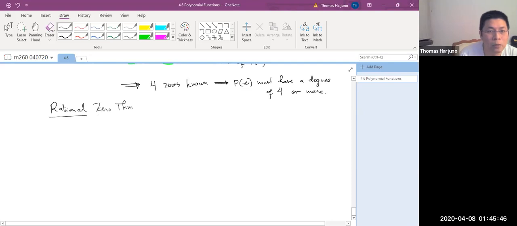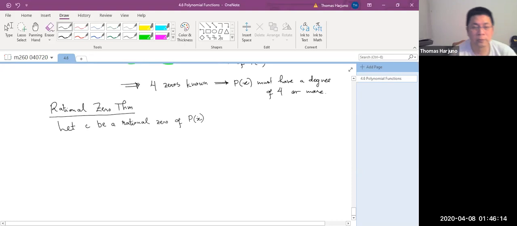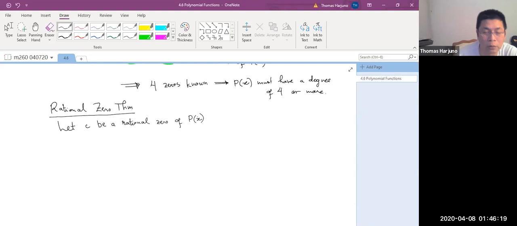Of so many theorems we talk about here, the rational zero theorem is one of the most important. What it says is, let c be a rational zero of polynomial P(x). This talks about a rational zero.